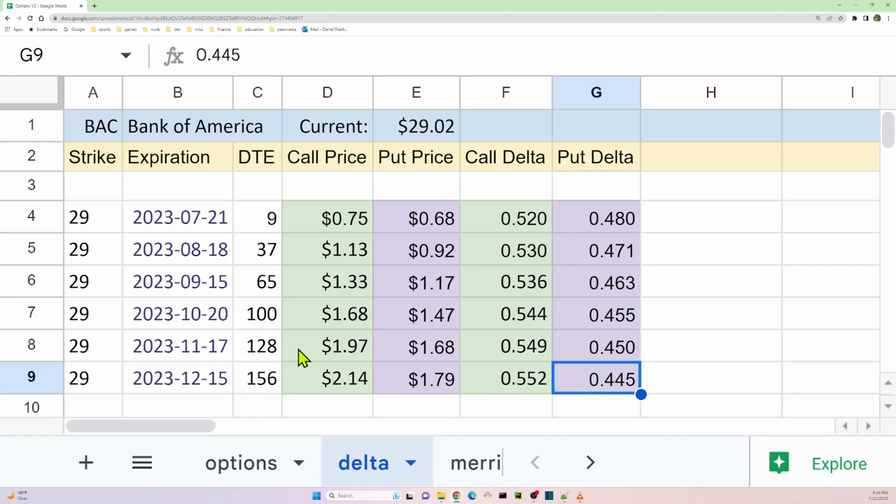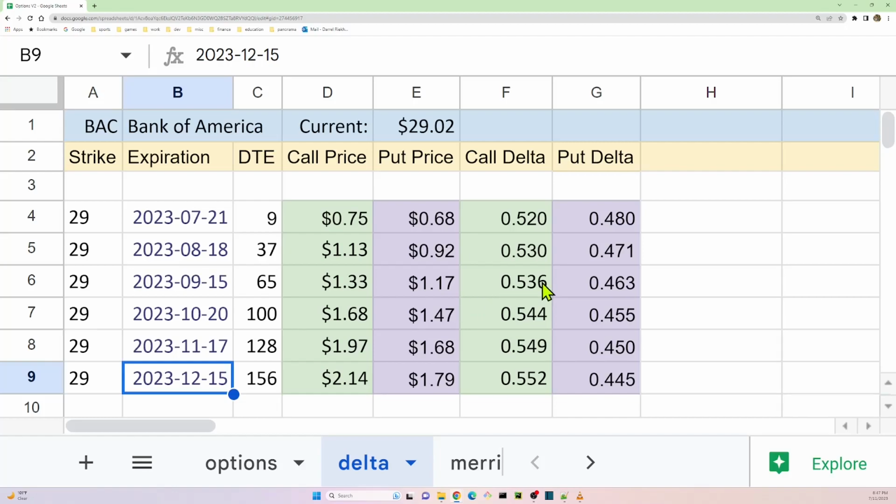The market is saying Bank of America will probably be higher than $29 in the future. And it thinks it's more and more likely the further out you go. It's saying your calls have a 52% chance of getting called away at 29 on July 21st, and a 55% chance of getting called away in December.